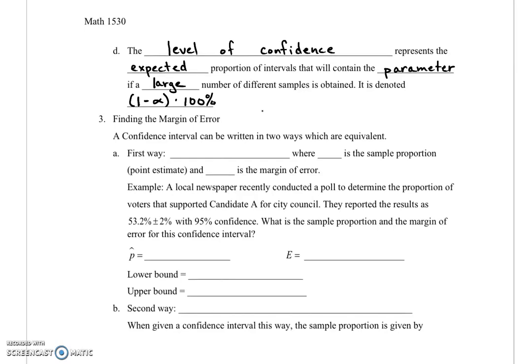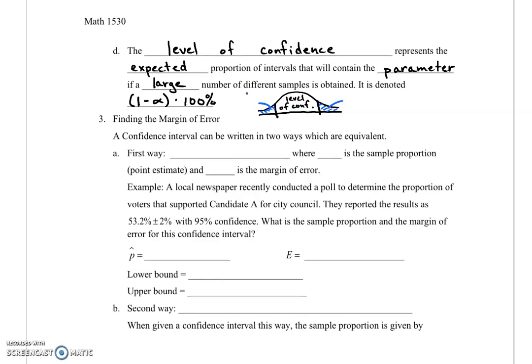So essentially, if we have our boundaries, our level of confidence is the part in between the two boundaries. The alpha is the part in the tails.